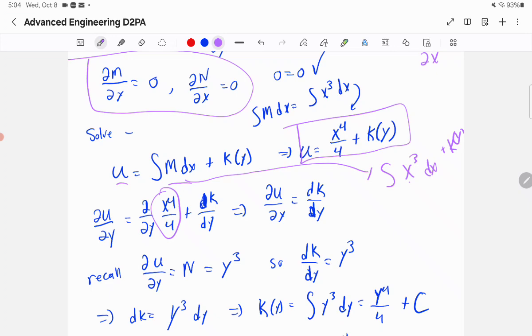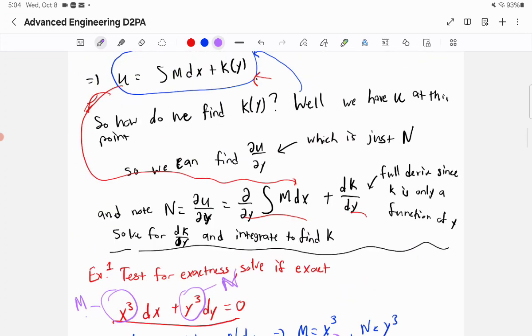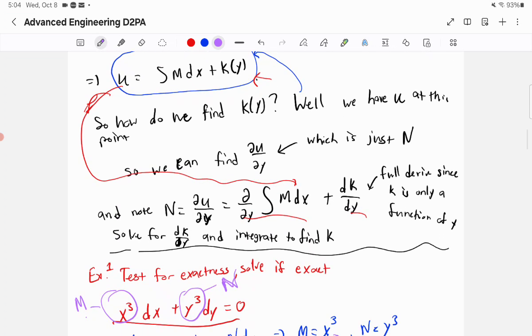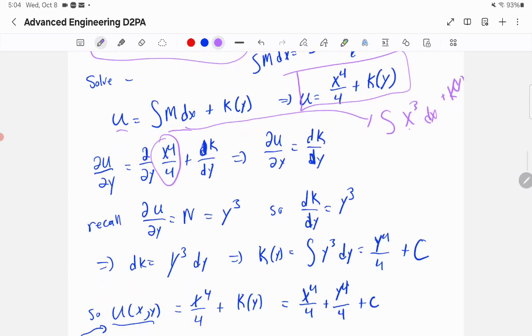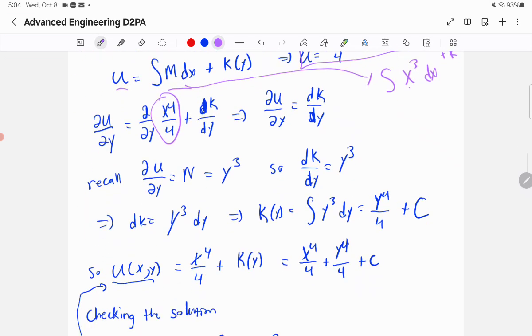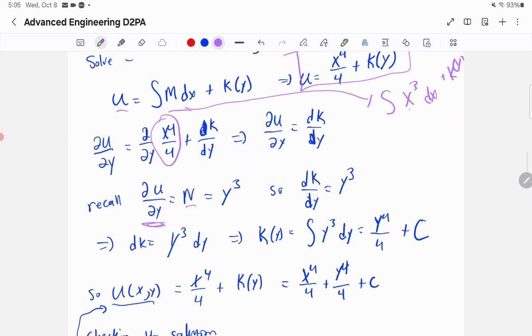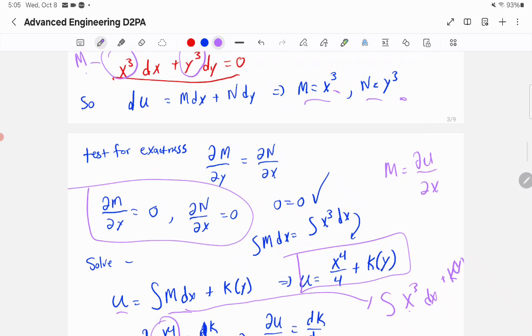Now we have to finish this whole thing off. Remember we said, okay, now it also has to satisfy this piece with n, so we can actually figure out what k of y must be. We're going to take the derivative with respect to y here, which is the same as n, and du dy must be equal to y cubed, because we said n was y cubed, right?